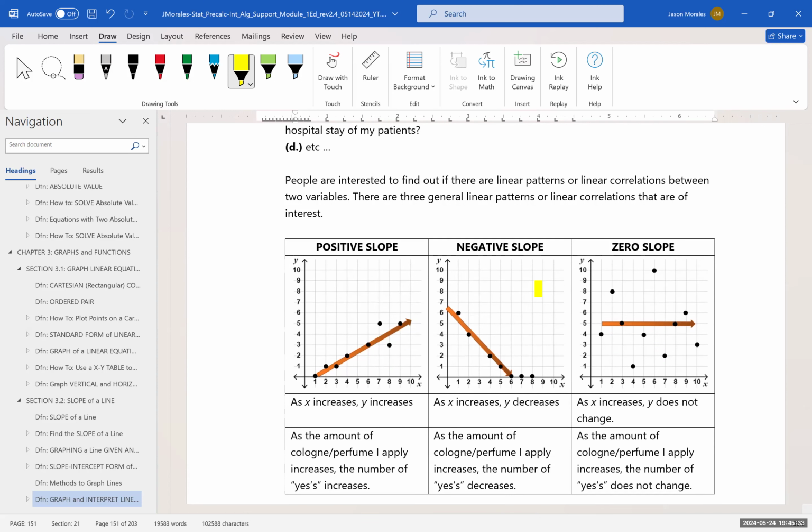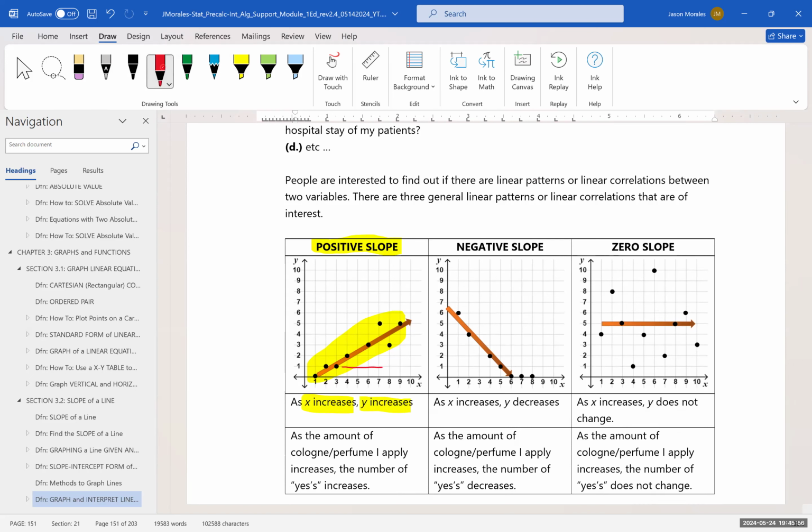So one, when you plot what's called a scatter plot, which are a bunch of ordered pairs, those ordered pairs will have a linear trend. And so here we've got a linear trend with a positive slope. So as x increases, y increases.